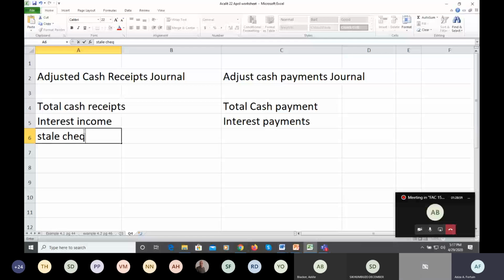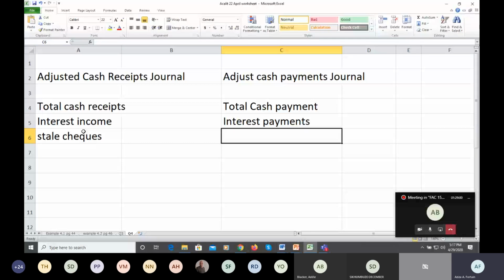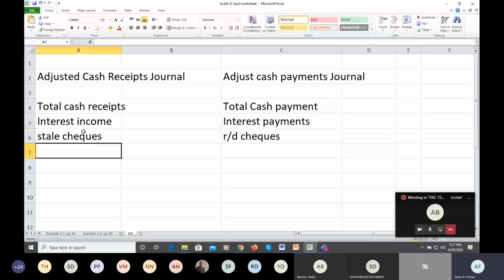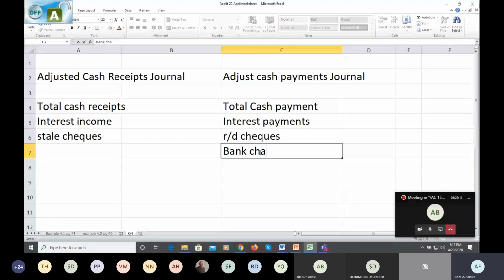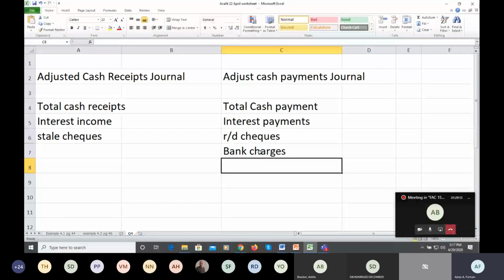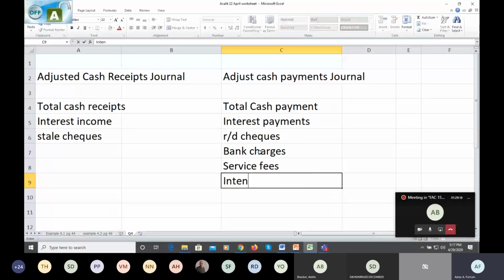We also spoke about stale R&D checks. Spoke about bank charges. We also spoke about service fees, internet charges. What else? Debit orders, etc. Okay, leave our bank open.